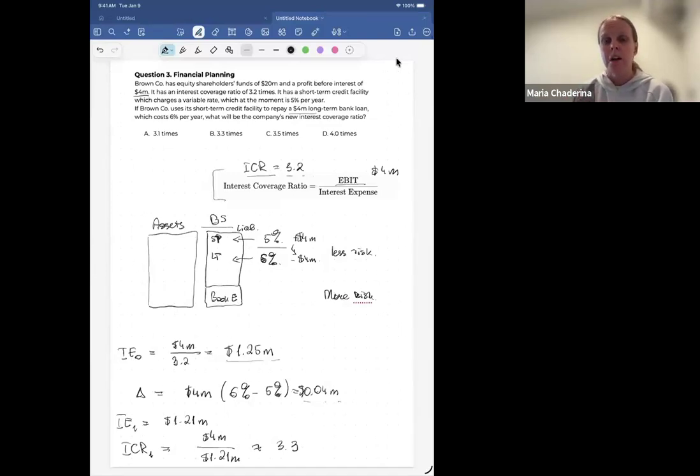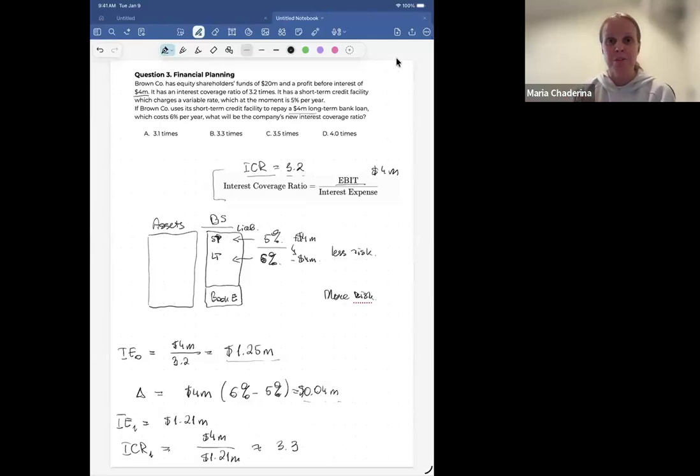But when lenders evaluate this company for a new long-term loan, for example, they will realize that if a lot of the debt is short-term, then this company is subject to this rollover risk, and it might have a hard time getting new loans at good rates.